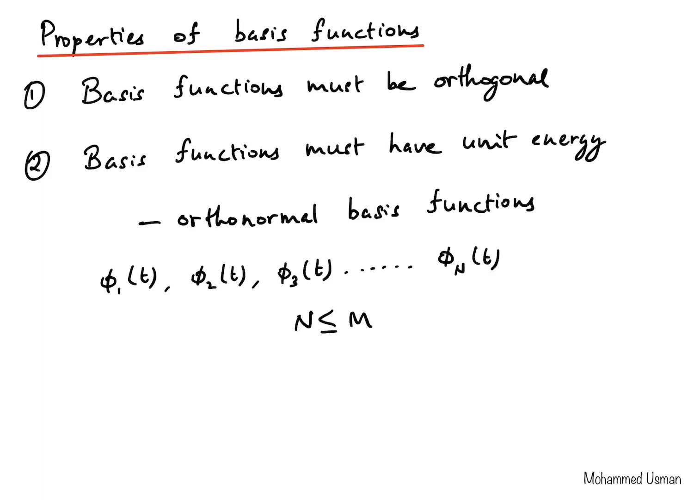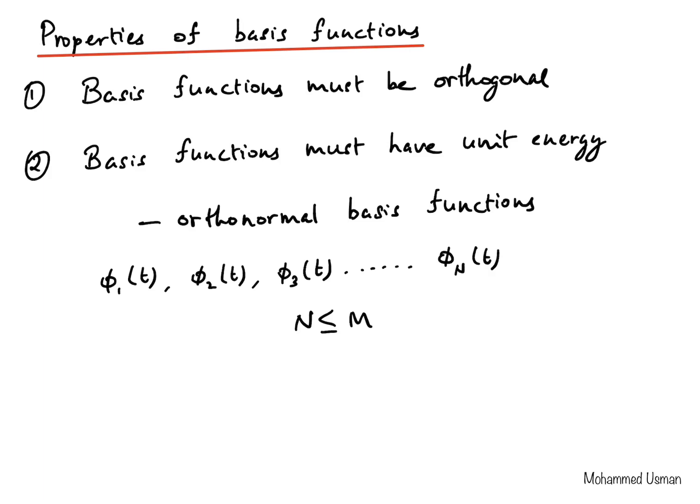Now let's try to write these properties mathematically. What do we mean by the basis functions being orthogonal? If we take any phi i of t and phi j of t, any two of these basis functions, they are orthogonal means that their dot product is 0.